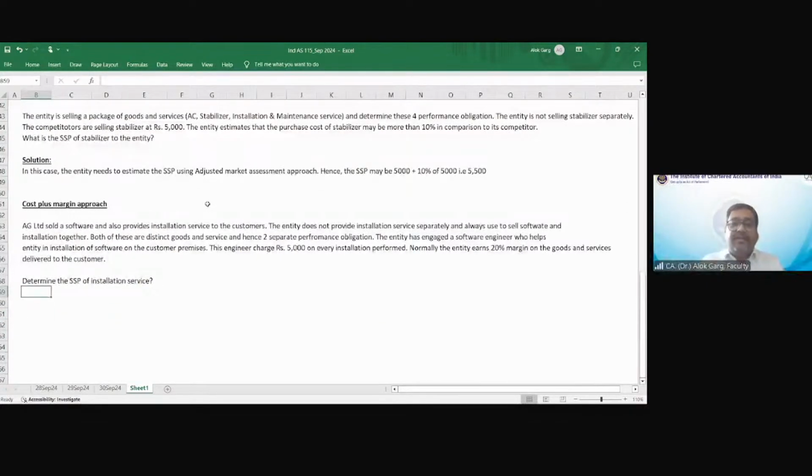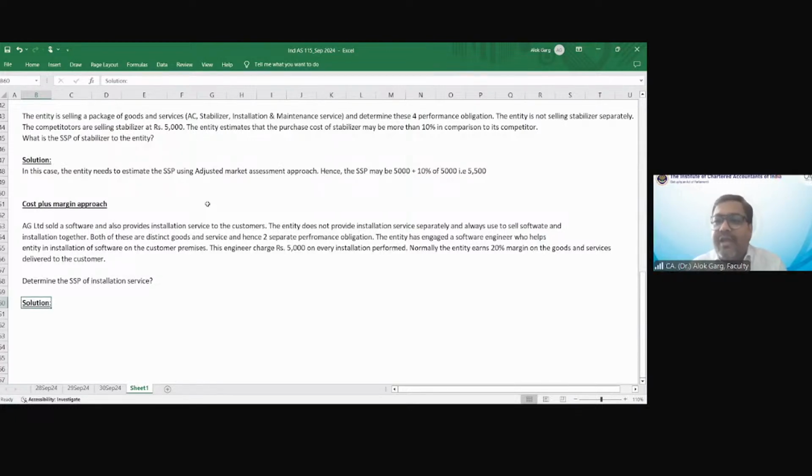Is the question clear? Friends, first priority: you need to determine the standalone selling price on the basis of fair value, the observable price.